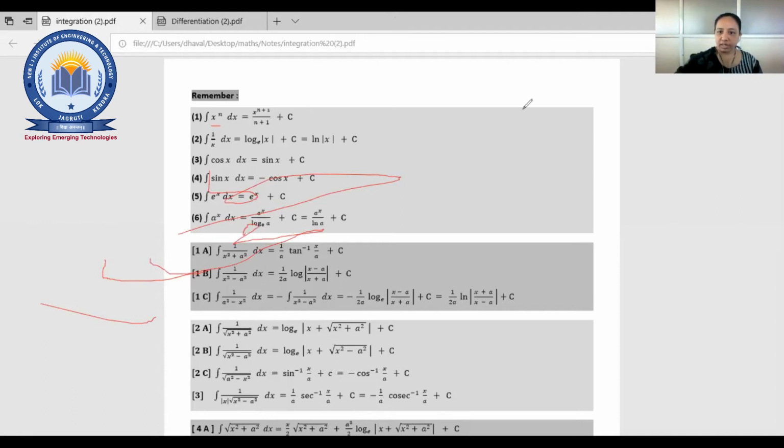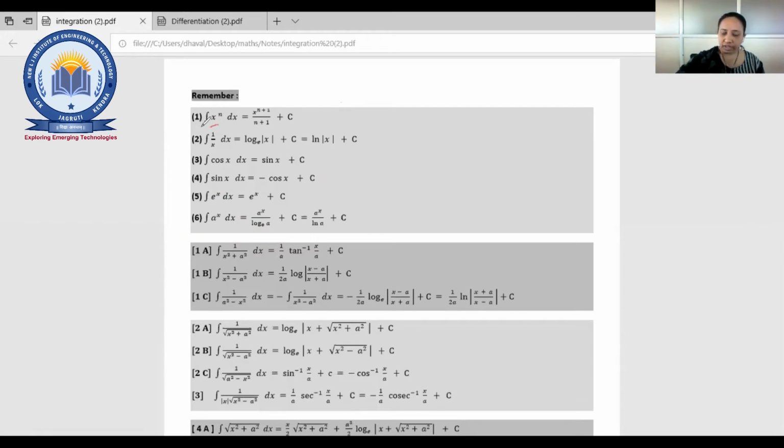Some are writing: n times x raised to n minus 1, right? So what happened here? X raised to n, the reverse one. And whatever the thing in differentiation, you are writing it with multiplication.